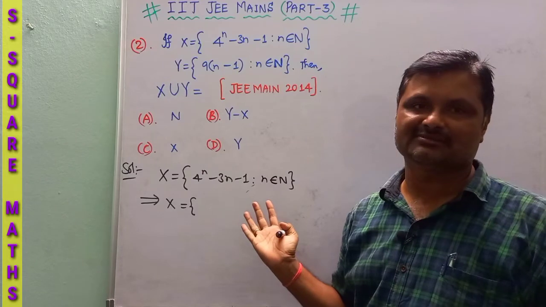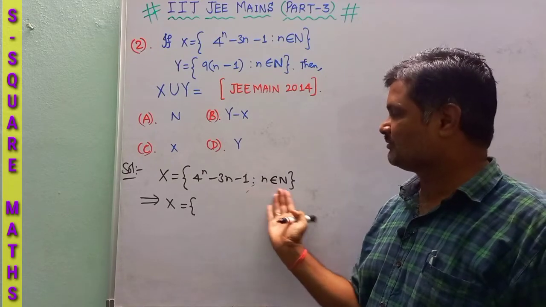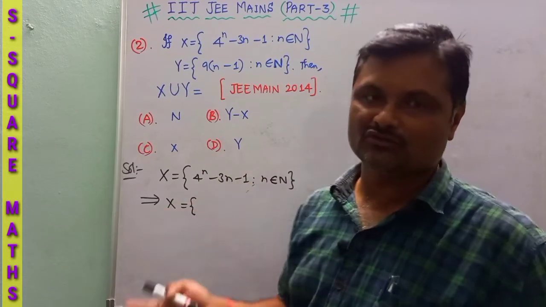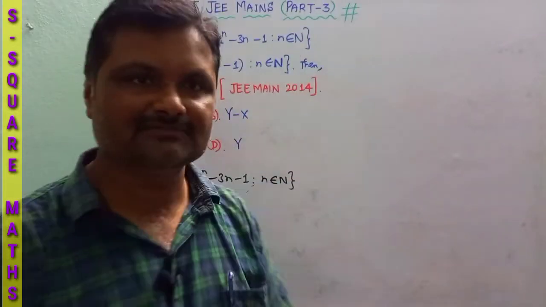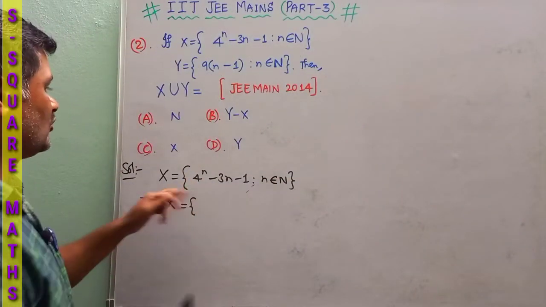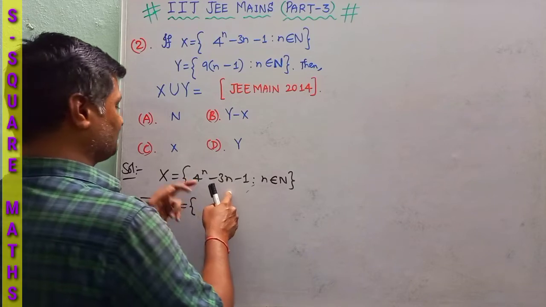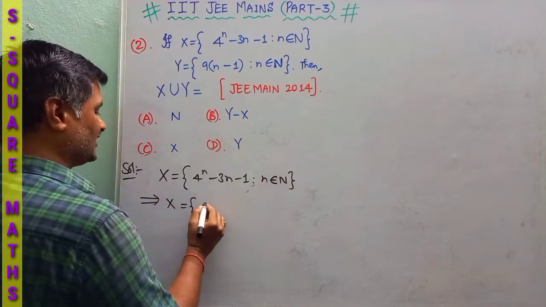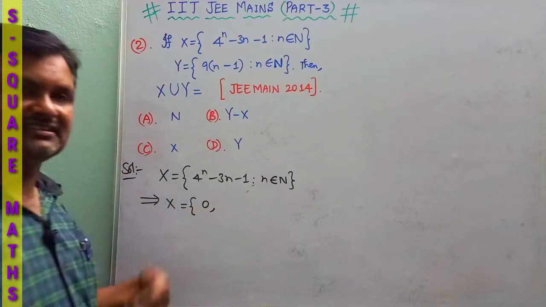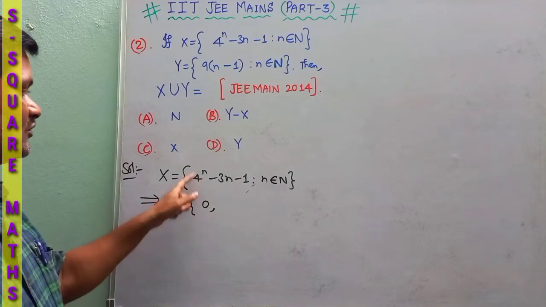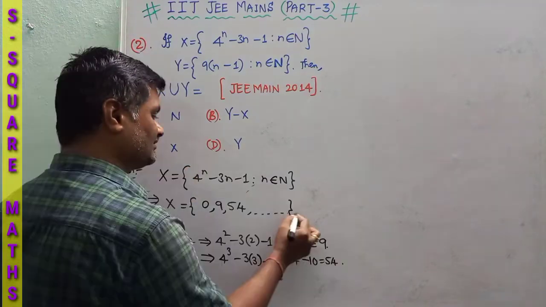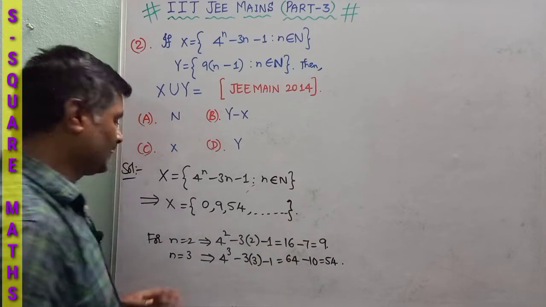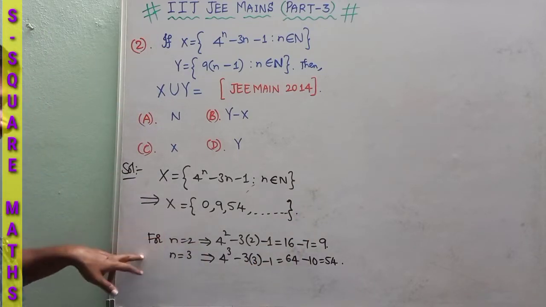Here n is a natural number, so small n belongs to N, so n is equal to 1, 2, 3, 4, and so on. We are going to get the elements in the set. Okay, so 4 power n, for n equal to 1, 4 minus 3 minus 1, nothing but 0. Next, second, here n is equal to 2, 16 minus 6 minus 1 is 9.